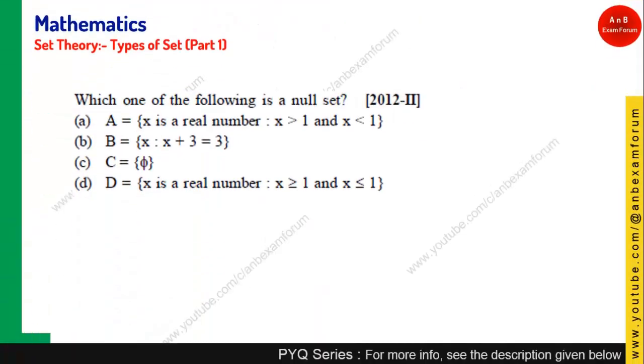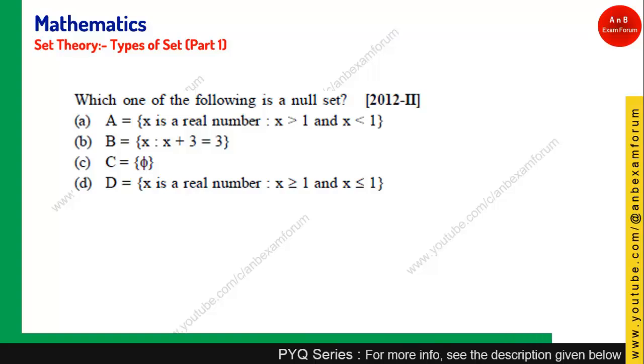Coming to the next question, which of the following is a null set? These are the four options. Student, if you have seen the theory portion, you can easily appreciate this question, because there are certain notations in it. We have two types of notations.